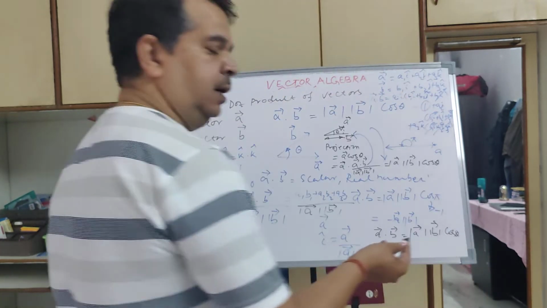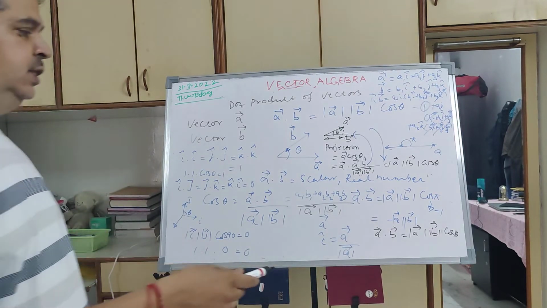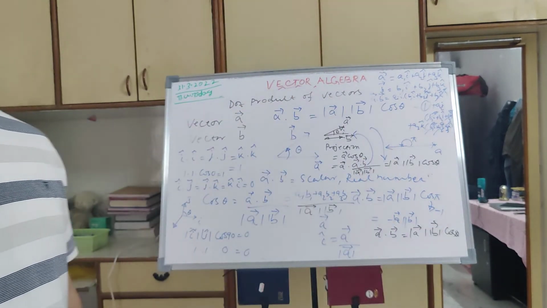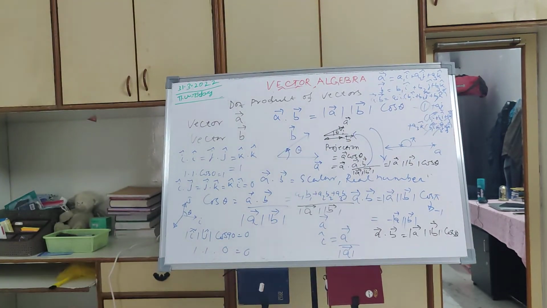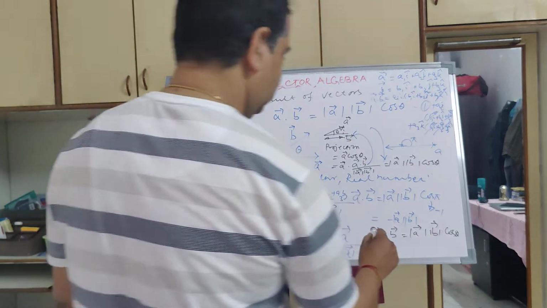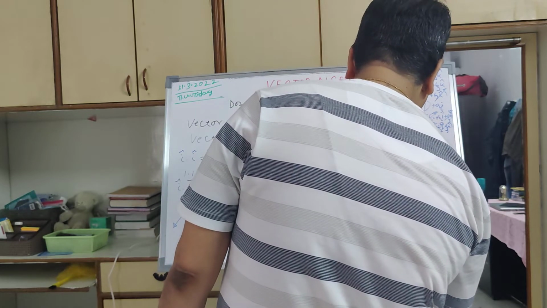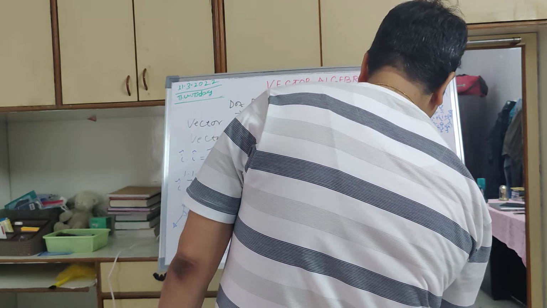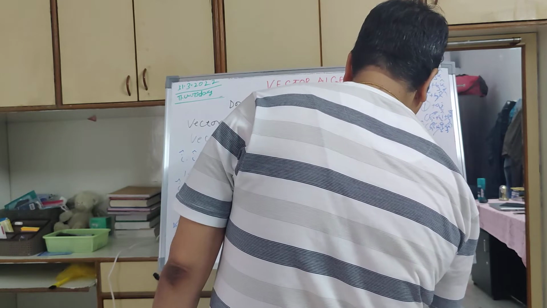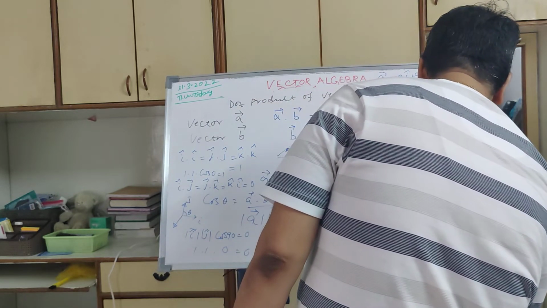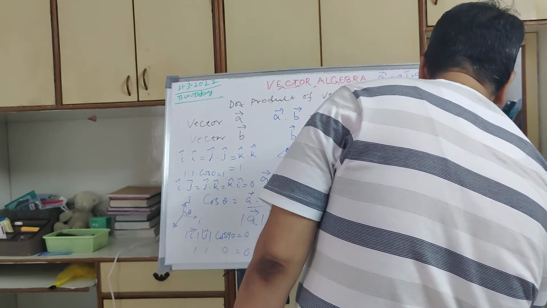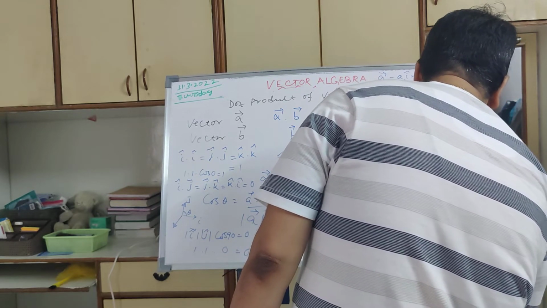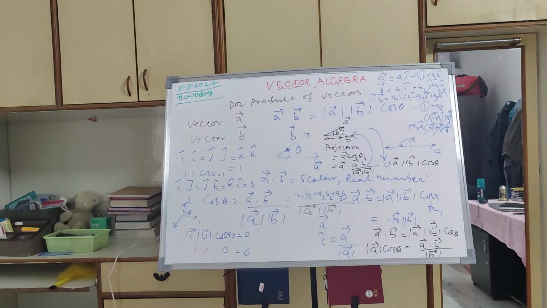And we know projection is equal to A cos theta. So without going into that complication, A cos theta is equal to A dot B divided by magnitude of B. So this is another important thing. Any numerical can come.